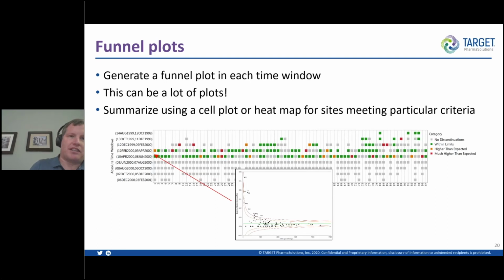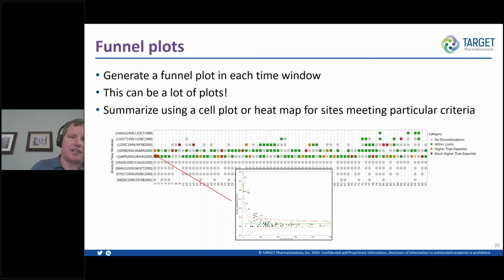So I showed one particular funnel plot, assuming perhaps that we were looking at data within a single quarter or over the course of a trial. We may want to do this for each time window. So I have this cell plot here that along the x-axis is a number of sites and time windows are along the y-axis. We may want to look at how things change over the course of time, for example.